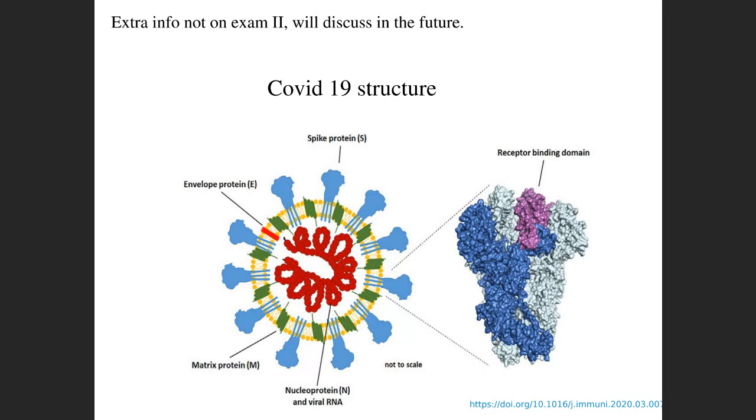And so now the Pfizer and Moderna vaccines work this way: we get a nanoparticle carrying a piece of the mRNA that codes the S protein.